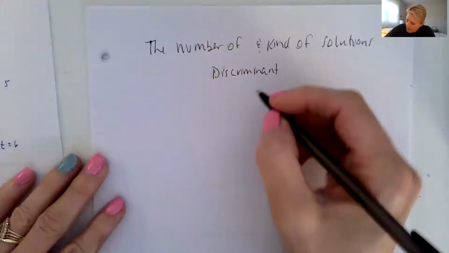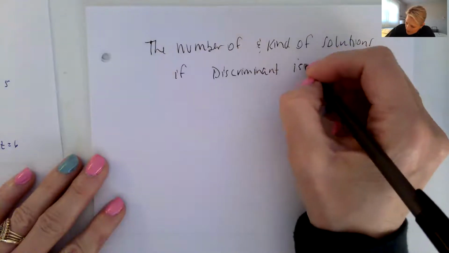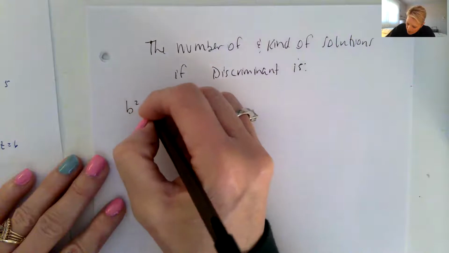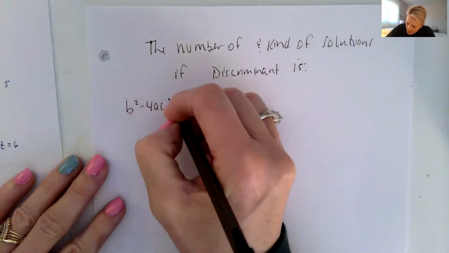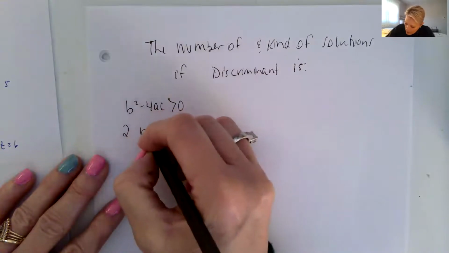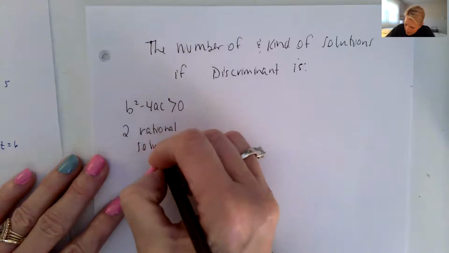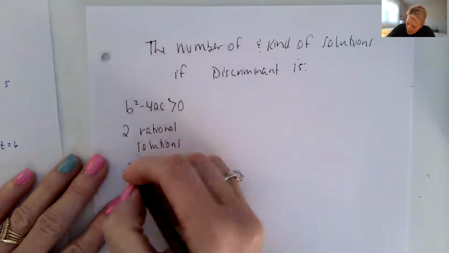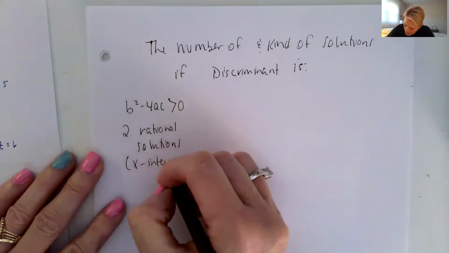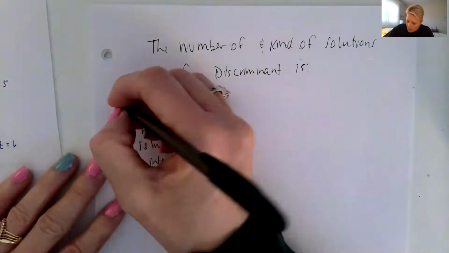If our b squared minus 4ac is greater than 0, you will have two rational solutions. Two rational, they're also called x-intercepts, where we cross the x-axis. So that's one possibility.